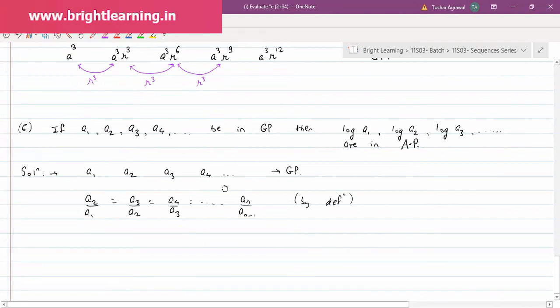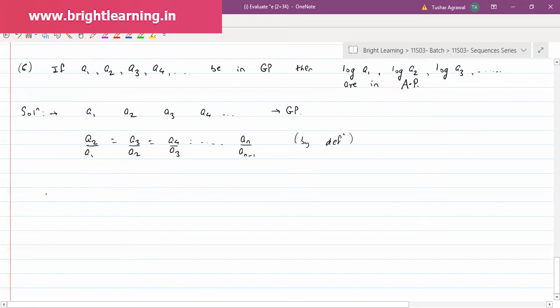Now let's think about what happens. Consider the sequence log A1, log A2, log A3, log A4, and so on.